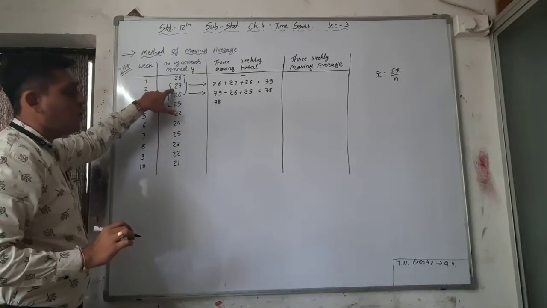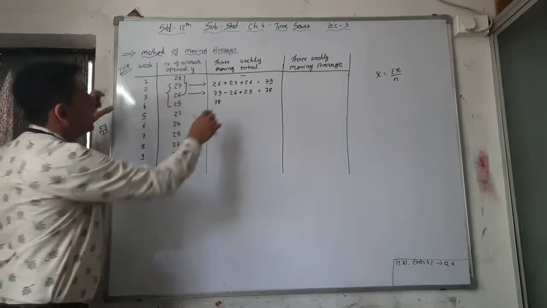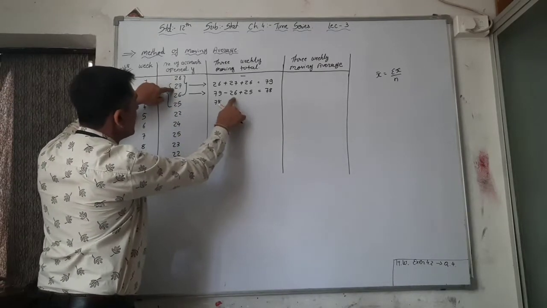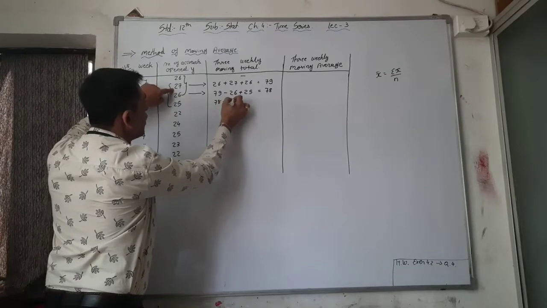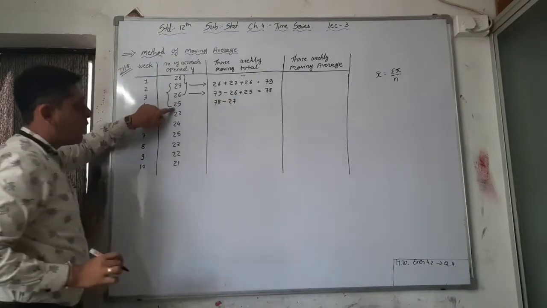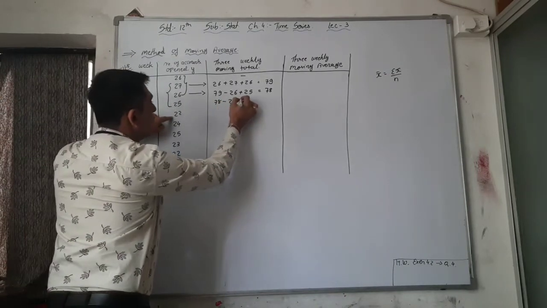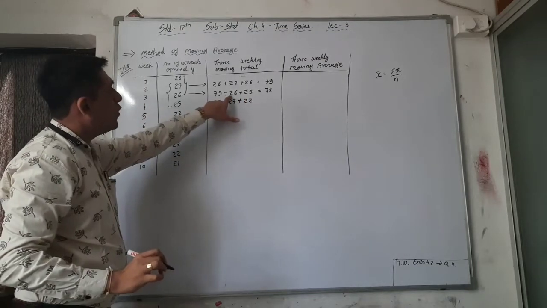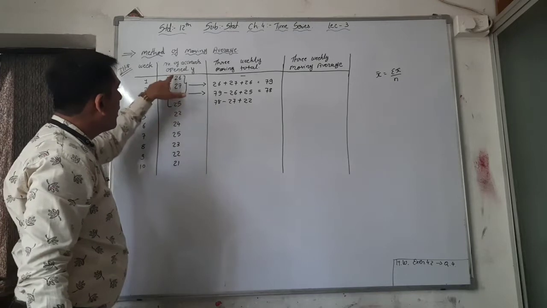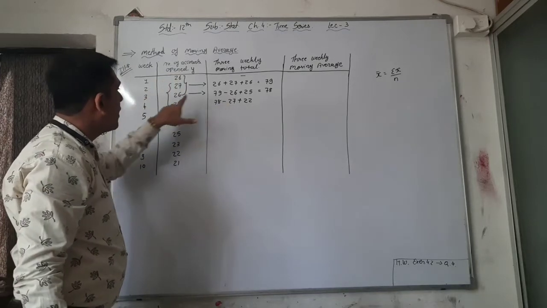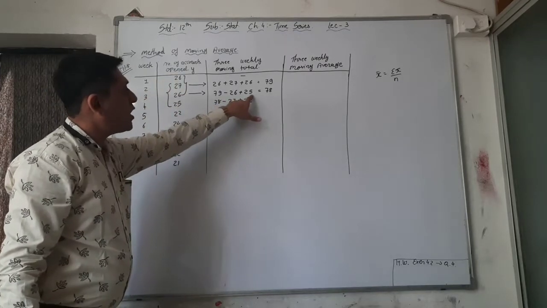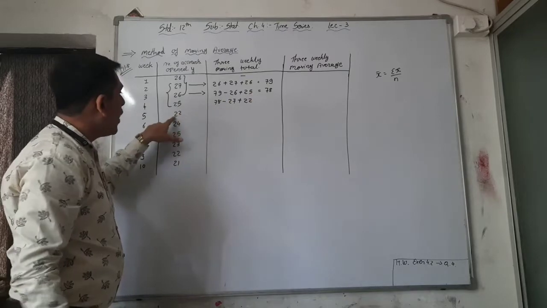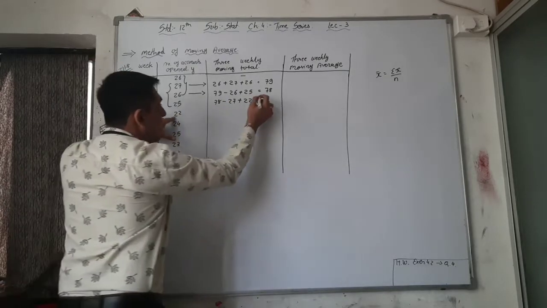Now which one do we have to subtract? Now see here, 26 was subtracted, so we now subtract 27, the next one, and we added 25, so add the next one, that is 22. Here we have to see which amount is subtracted, the next value we subtract, and which amount is added, we add the next one.